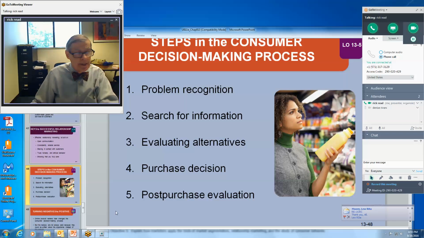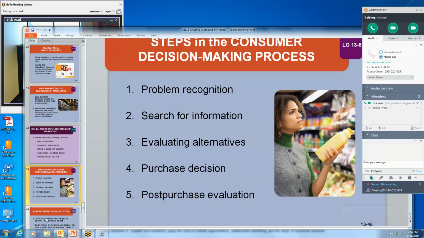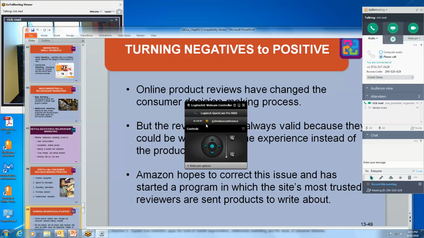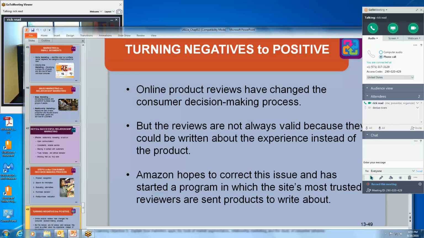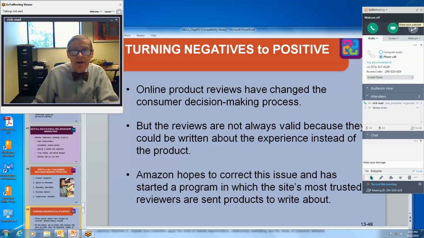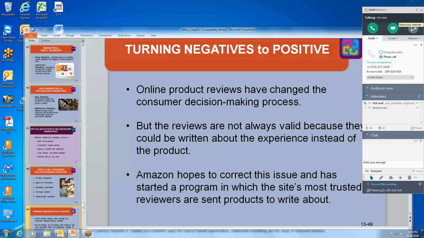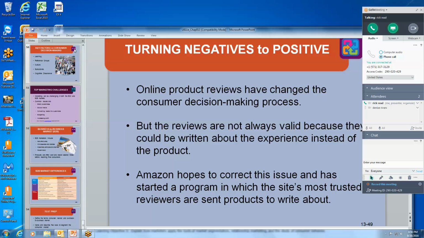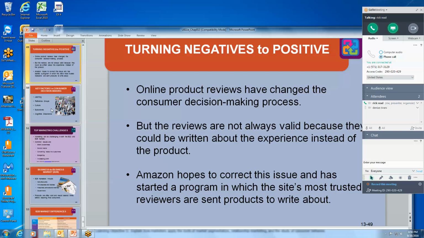Did we make a good decision or not? Obviously, we want to turn negatives into positives, and of course, this is talking about online evaluations. There can be a problem with that, so companies have to be aware of that.